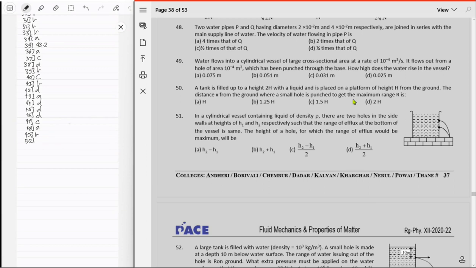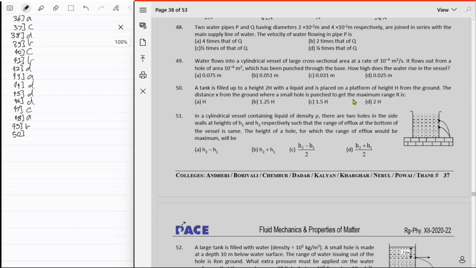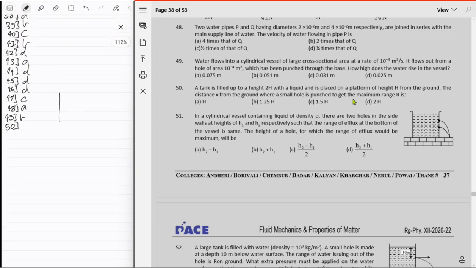So it's filled up to height 2h, and h up from the ground. The distance x from the ground, okay, this is different. No, it's not. It's 3h upon 2, right? So that's from the ground.